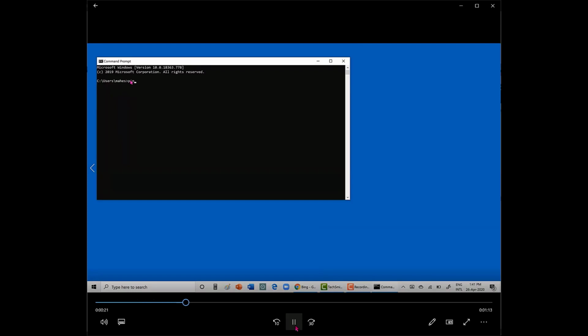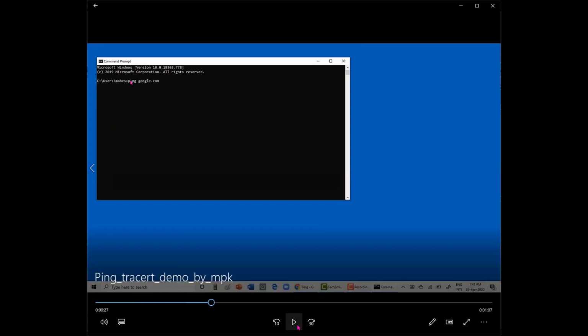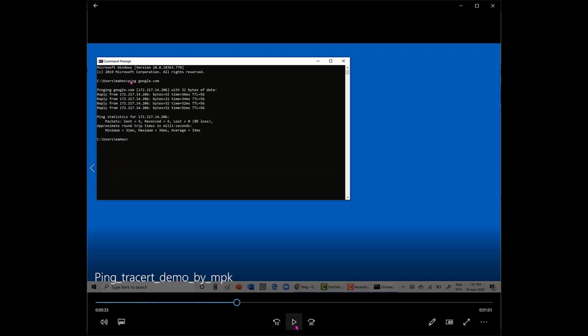So first command, this step was telling us to do the ping command. I typed ping, and I am pinging google.com. Interesting. Now you can see that, right? When I pinged google.com, it gave me 172.217.14.206, right?